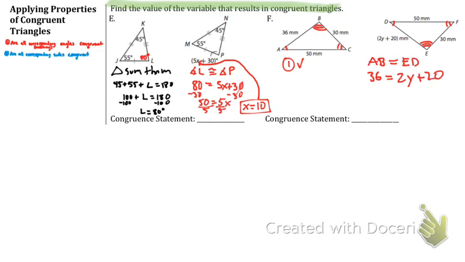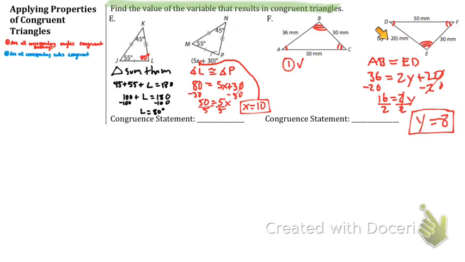Now we solve using algebra. Subtract 20. 16 equals 2y. Divide by 2. And y is going to equal 8. So we know what y should equal. Let's just check if we got it right.